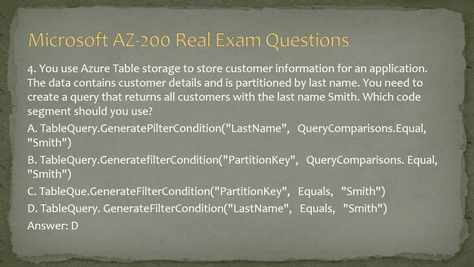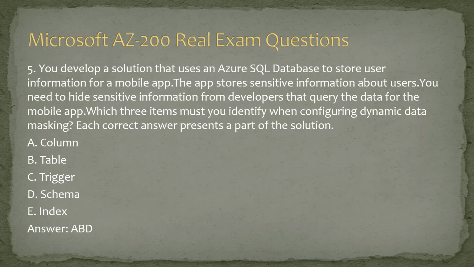B. TableQuery.GenerateFilterCondition("PartitionKey", QueryComparisons.Equal, "Smith"). C. TableQuery.GenerateFilterCondition("PartitionKey", Equals, "Smith"). D. TableQuery.GenerateFilterCondition("LastName", Equals, "Smith"). Answer: D.